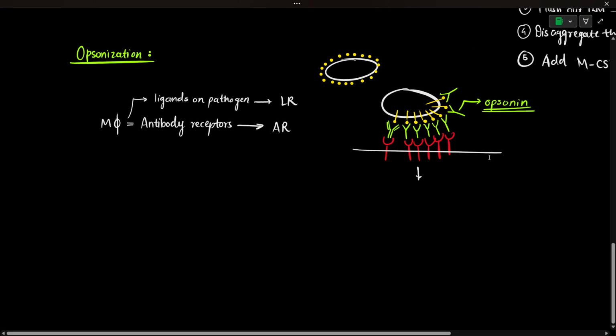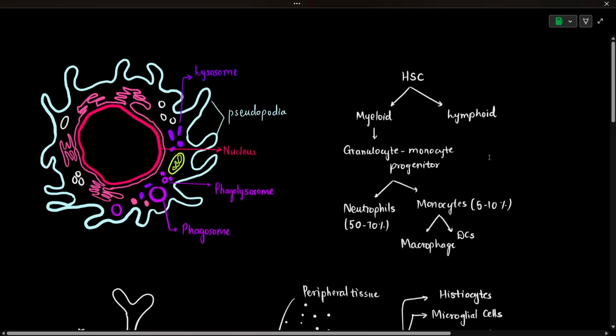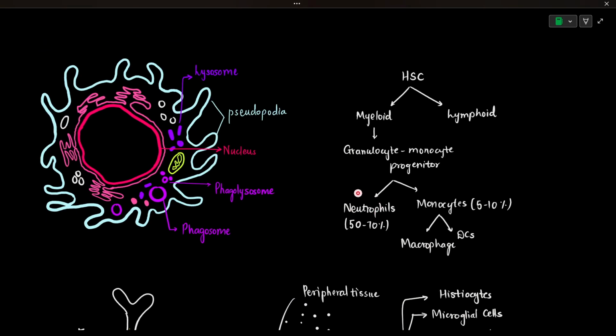To summarize, we have discussed the granulocytes, the neutrophils, basophils, eosinophils, and also mast cells, which are the tissue resident granulocytes. Then we discussed the dendritic cells, which are the antigen presenting cells and also belong to the myeloid lineage. And we have now discussed macrophages.